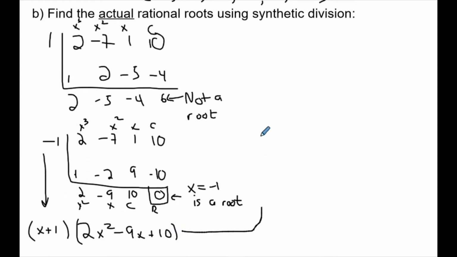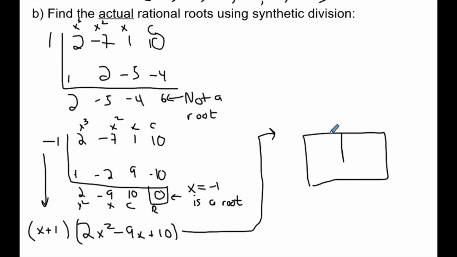So what I'm going to do is factor this using the box method. For this quadratic, 2x squared minus 9x plus 10, we need to lock in the fact that this is 2x squared. So working back outwards, one of these has to be 2x, one of these has to be x. It doesn't really matter which one you choose.